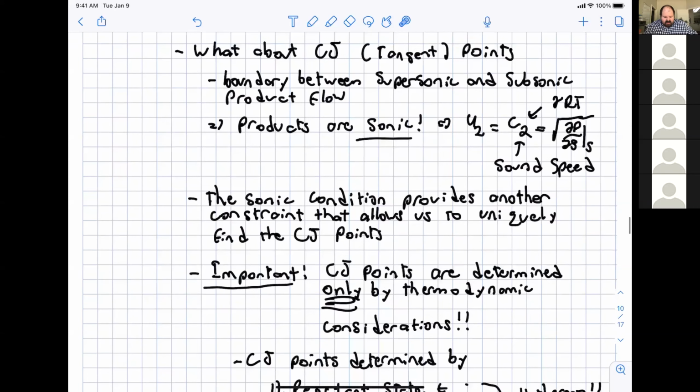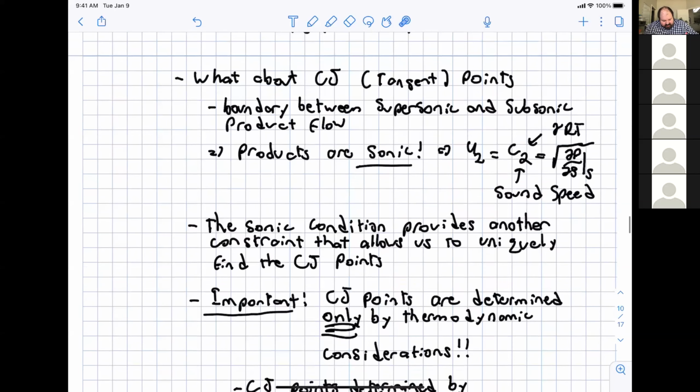Now, one thing about the special Chapman-Jouguet points is that the so-called sonic condition provides another constraint that allows us to uniquely find the CJ points.